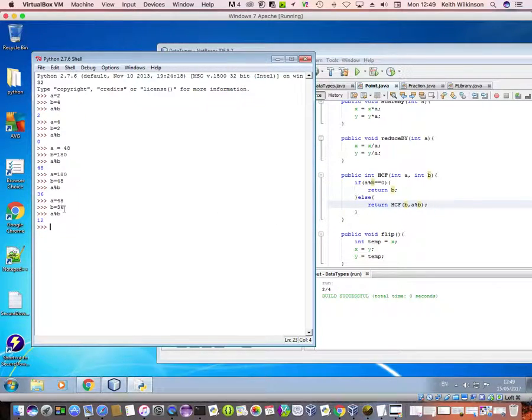So the A part must be the B value, so A equals 36 and B is going to be 12.